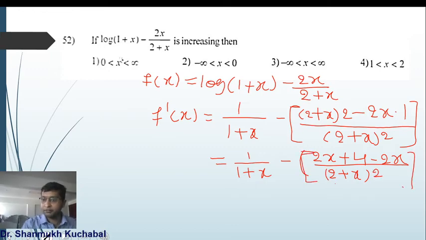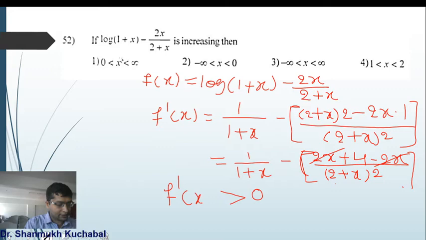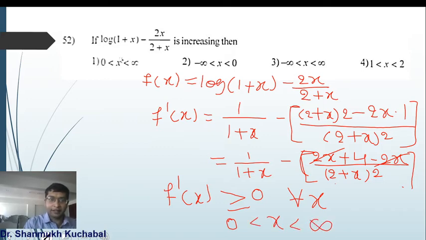So like this, the 2x gets cancelled. If we take the LCM, we are going to get a positive quantity. Therefore, it is greater than 0. So I can write f dash of x is greater than or equal to 0 for all x, meaning 0 less than x less than infinity.